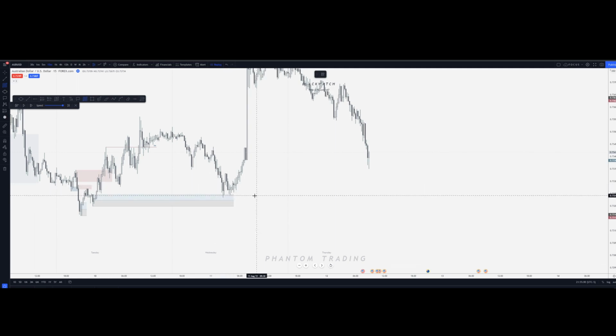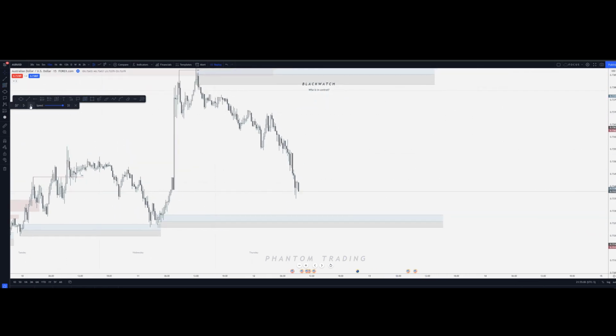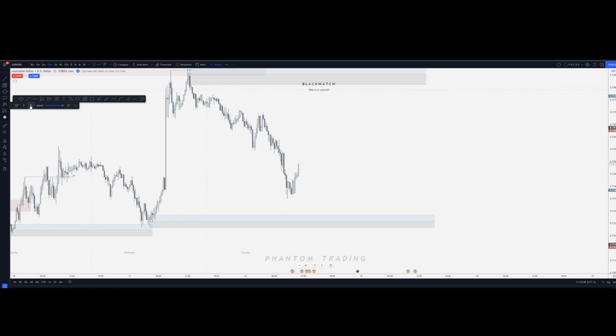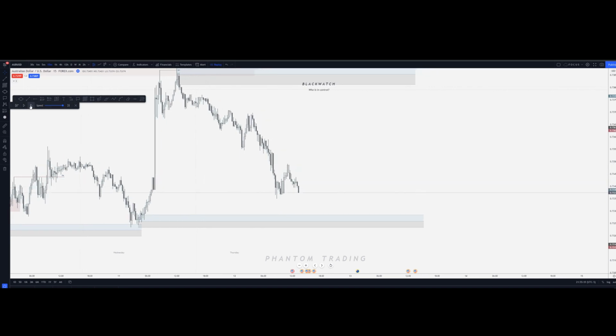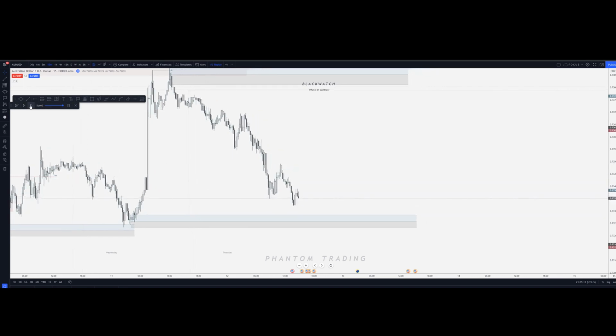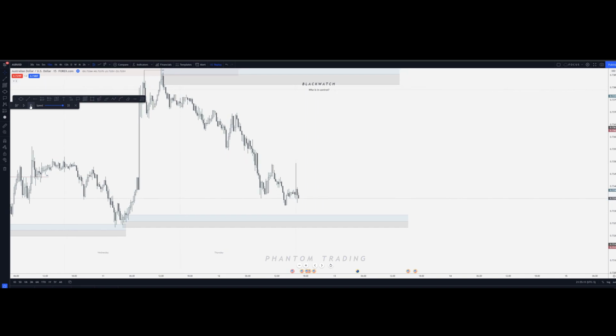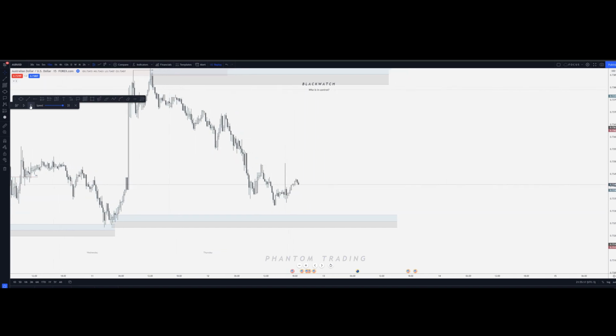What's the best POI? Cover that wick. Let's spread ours.